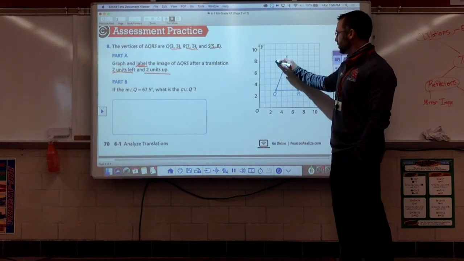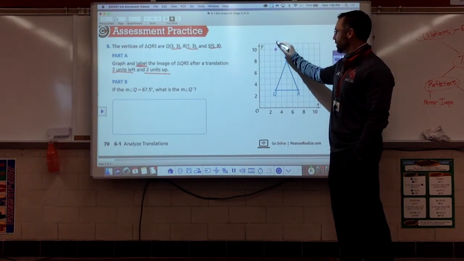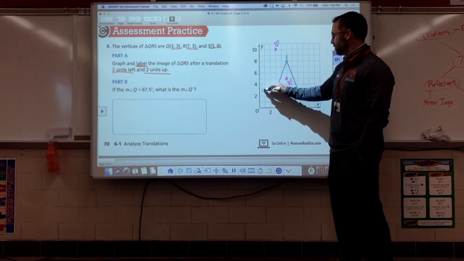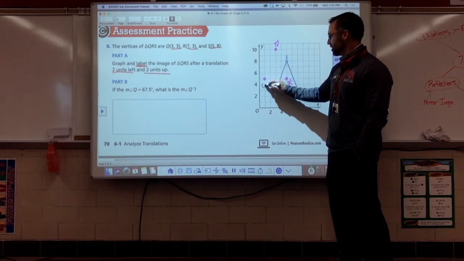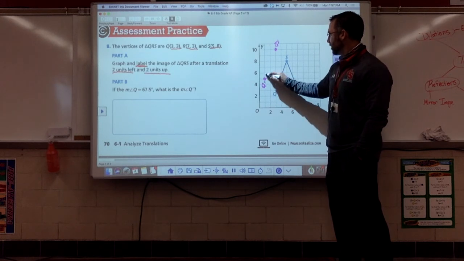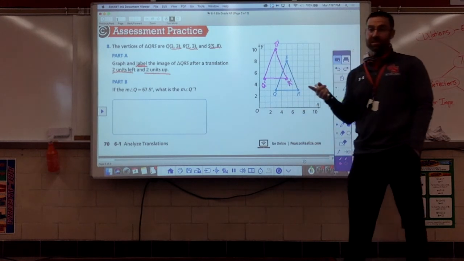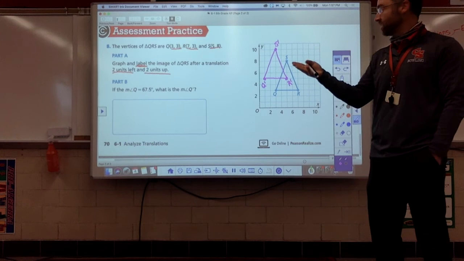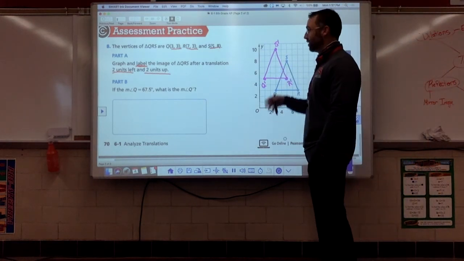So point S, 1, 2, 1, 2. There's the image of S. Point R, 1, 2, 1, 2. There's the image of R. Point Q, 1, 2, 1, 2. And that wasn't so bad. Connect the points. That looks like it's the same size and same shape, in a new position, same orientation. That's great.